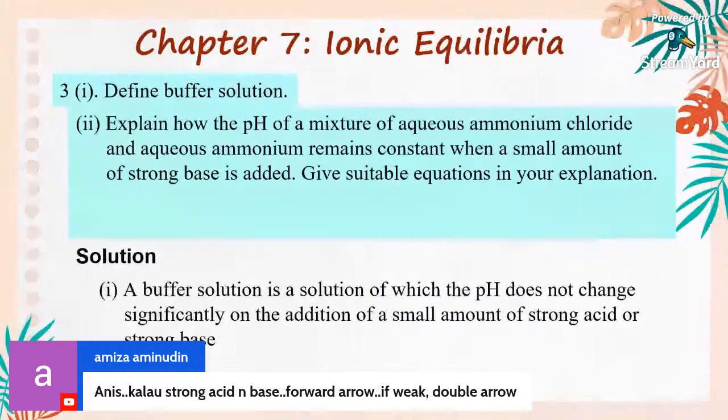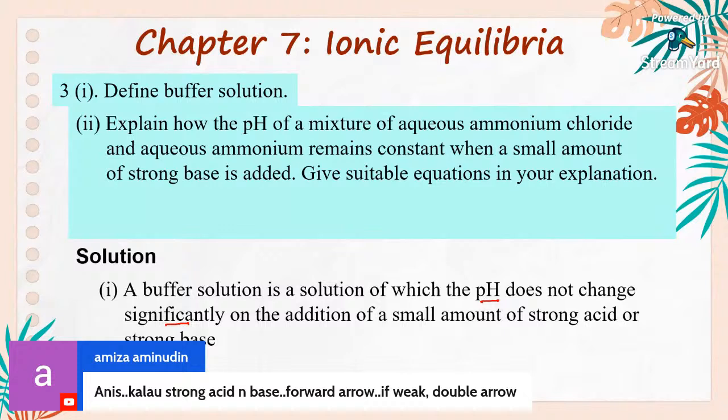solution of which the pH does not change significantly on the addition of a small amount of strong acid and strong base. So definitions must be complete, in complete sentences.